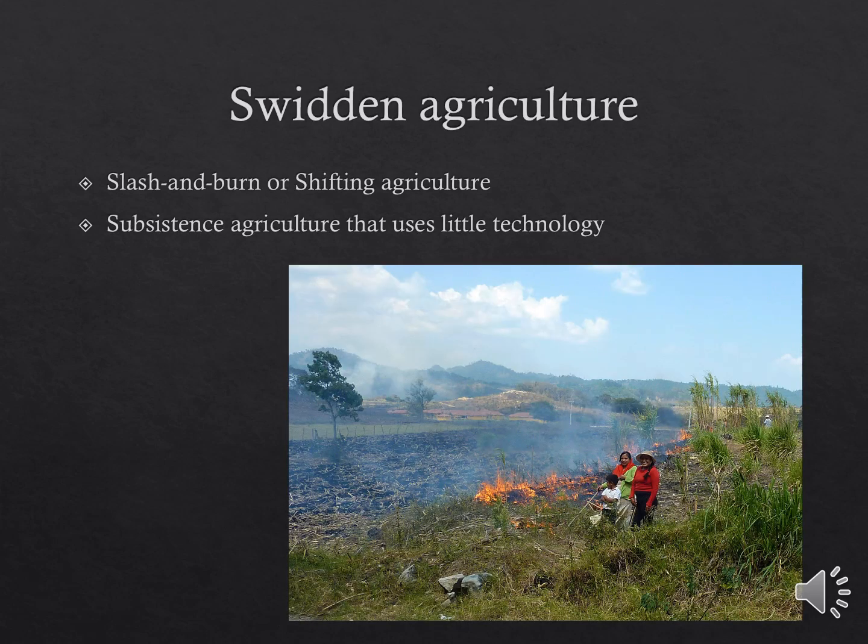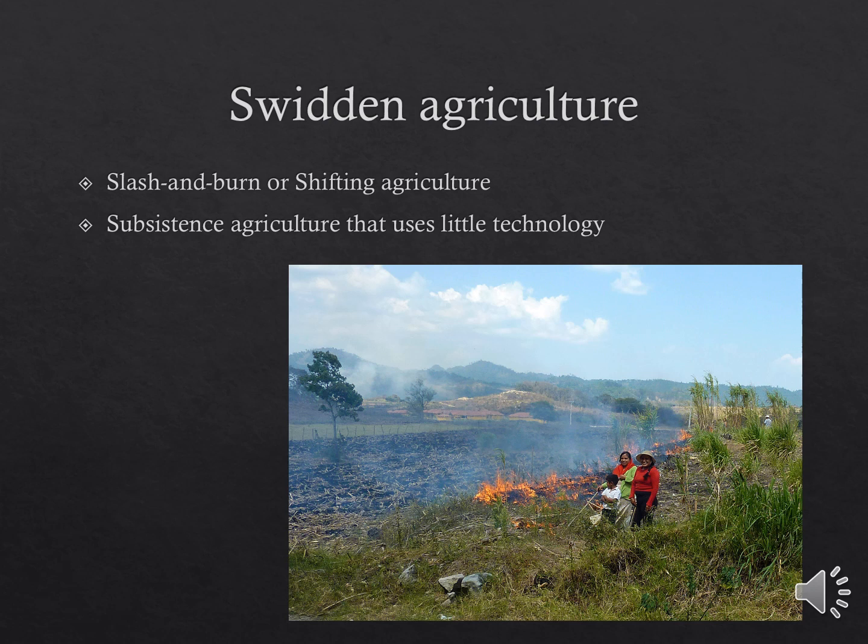More than likely, most of you have heard about slash and burn or shifting or swidden agriculture. This is probably one of the earliest forms of agriculture, and it's certainly a frequently used agriculture technique.